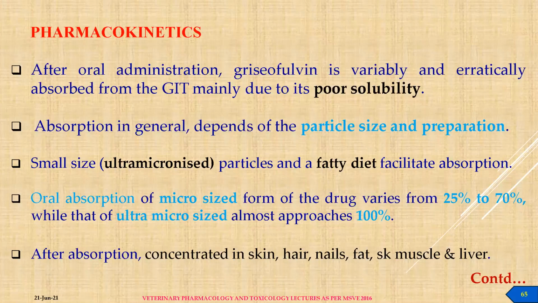So the dosage forms are designed in such a way that it should be absorbed properly. After absorption, it is concentrated in skin, hair, nails, fat, and also the skeletal muscles and liver. Because it accumulates in the skin and hair, it is effective against dermatophytosis.